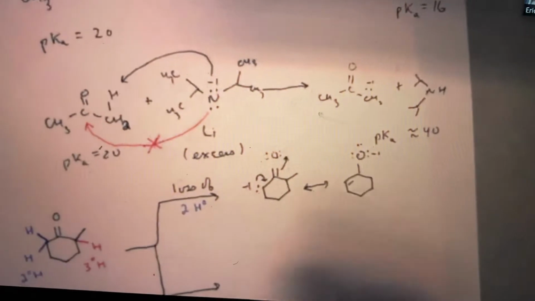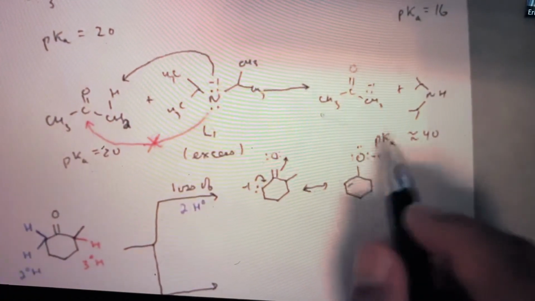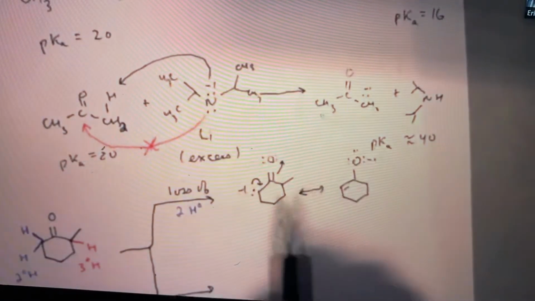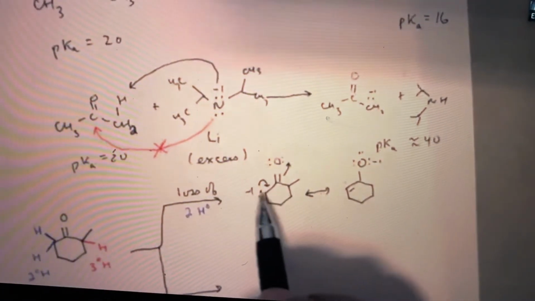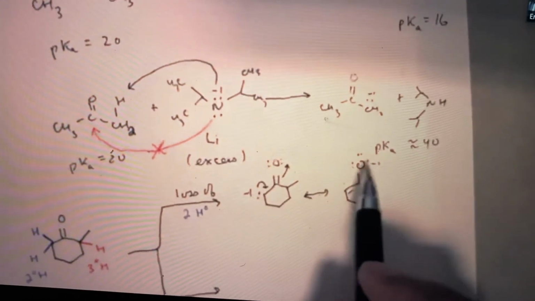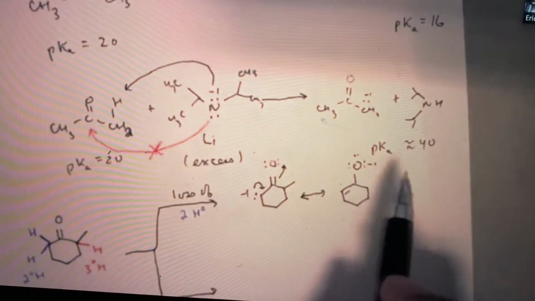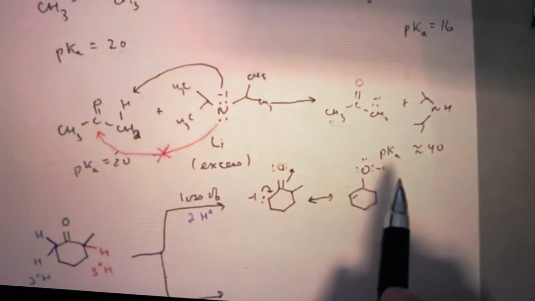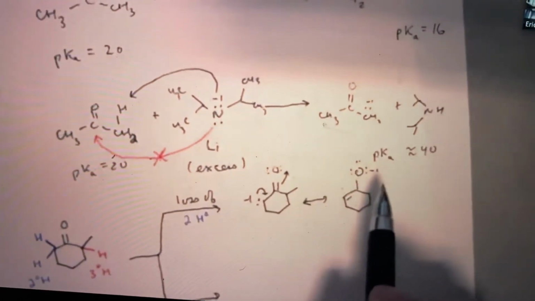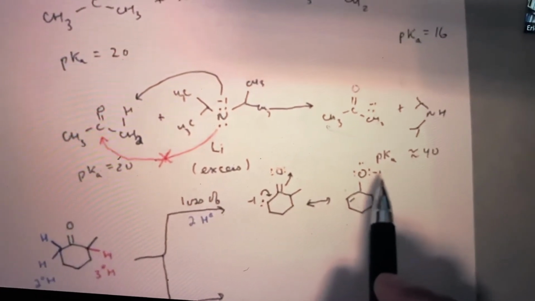So this is a better resonance hybrid, right? The reason for this is specifically that here I have a carbon that has a negative charge, whereas over here I have an oxygen with a negative charge. And one of the things you should have learned in the acid-base chapter is that across a periodic table trend, atoms tend to want to hold a negative charge more effectively because it's electronegative.